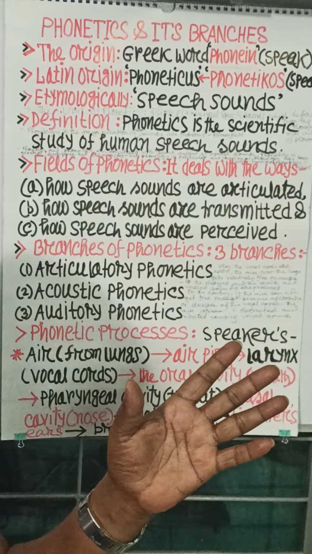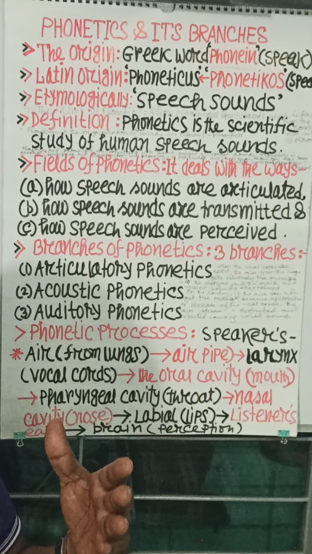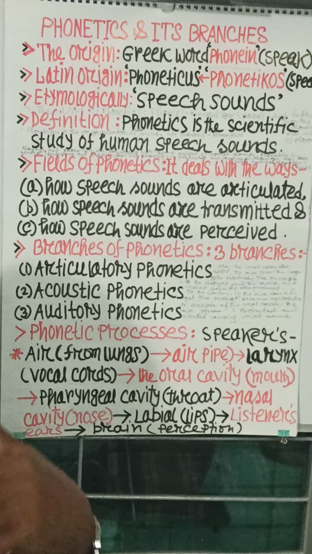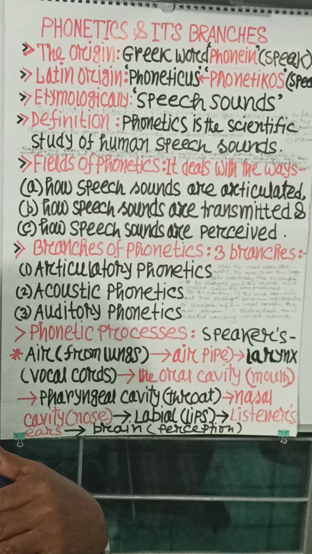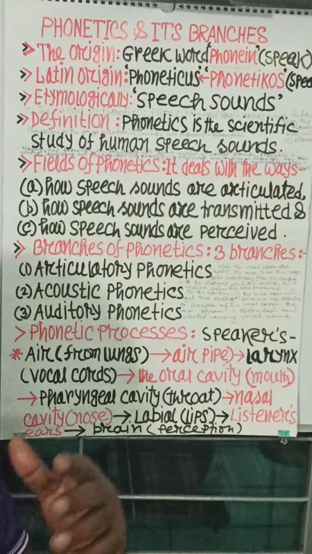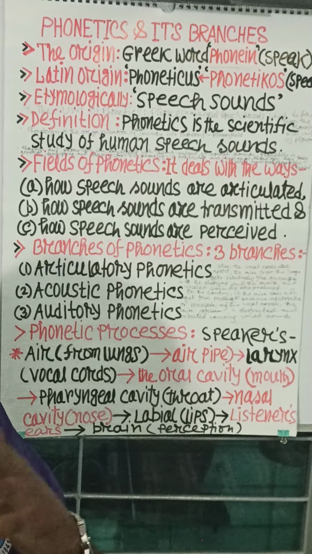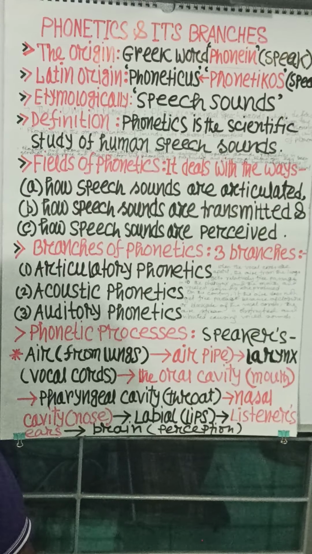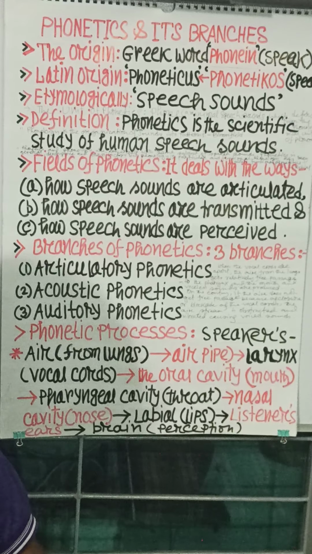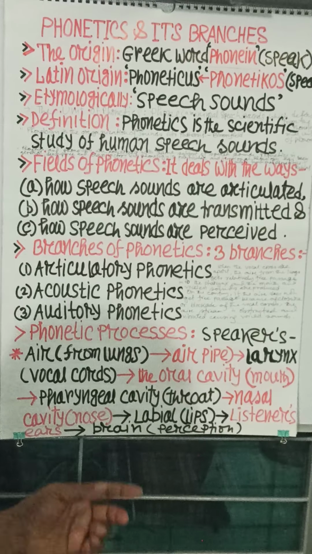And there are some speech organs in our mouth, such as tongue, teeth, palate, soft palate, and so on. So because of the mechanism of these speech organs in our mouth, we can produce sounds as we want.